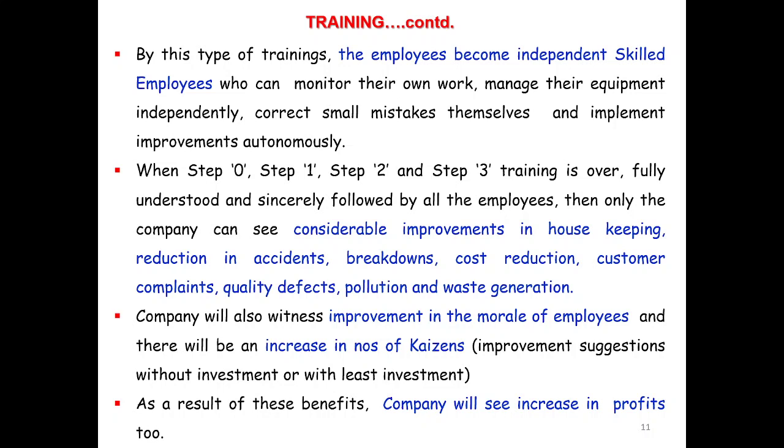Company will also witness improvement in the morale of employees, and there will be an increase in numbers of kaizens, improvement suggestions given by employees without investment or with least investment. As a result of these benefits, company will see increase in profits too.